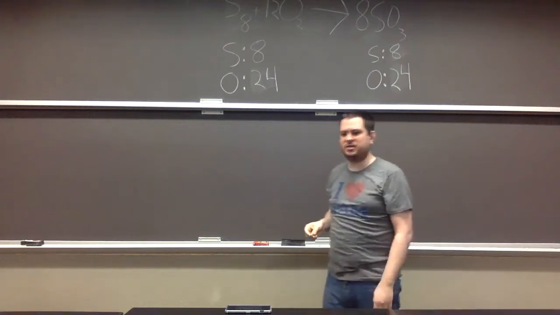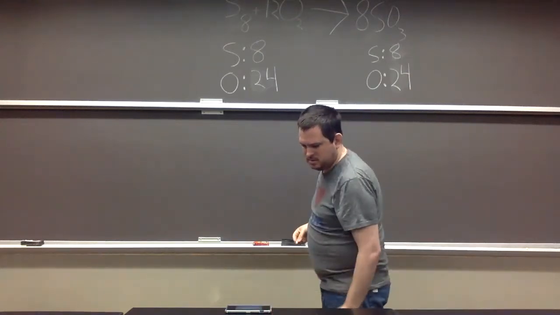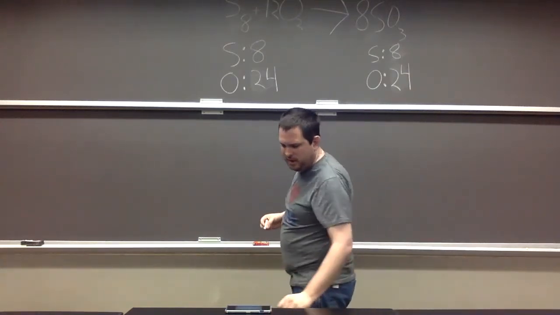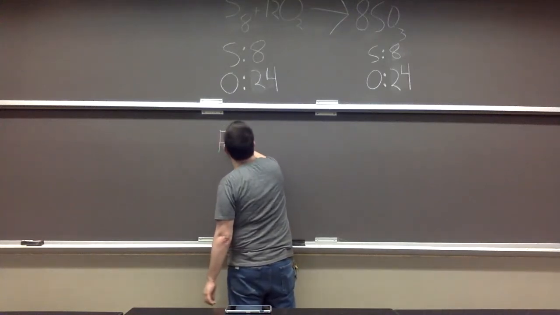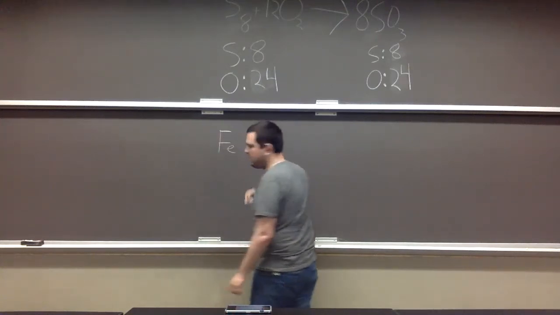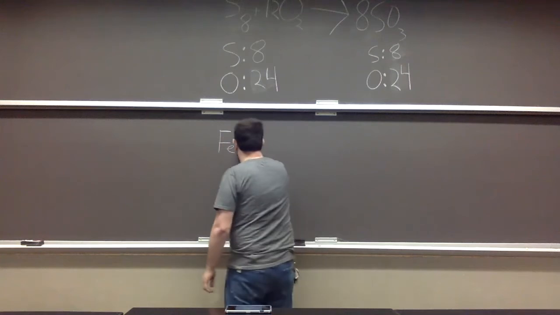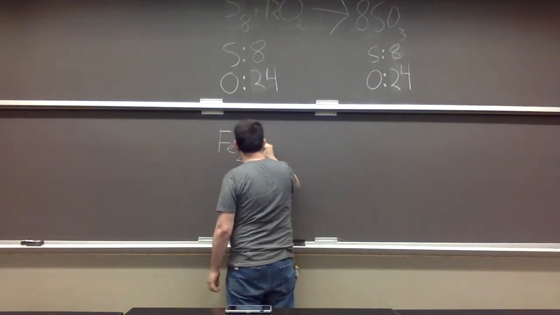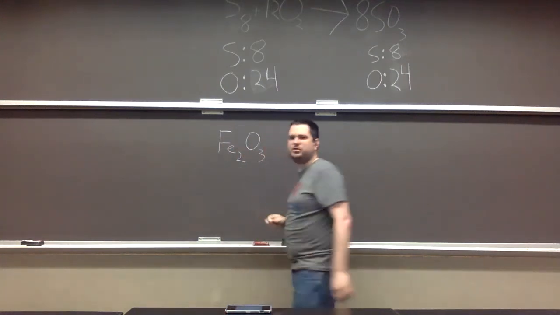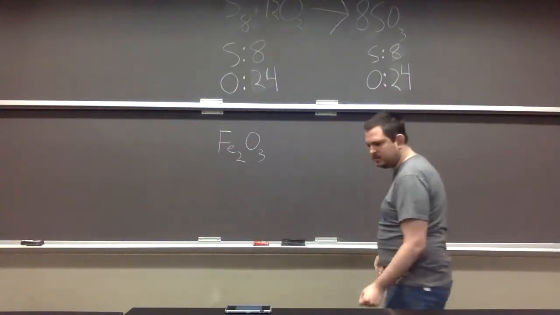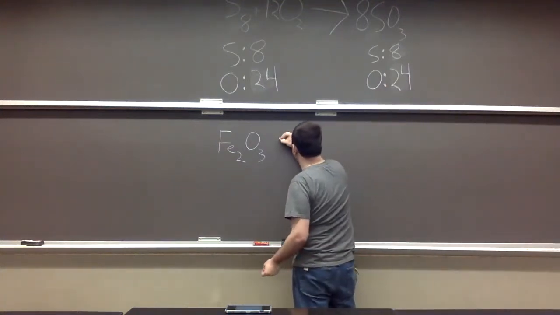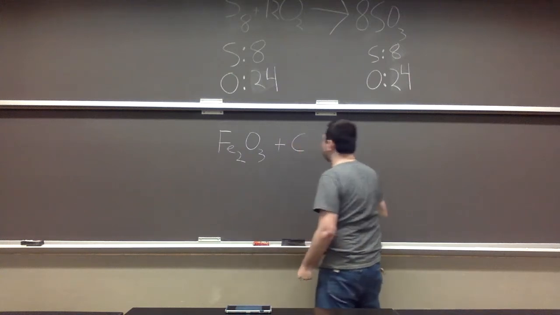Second equation. We will have Fe2O3, which is rust, reacting with carbon.